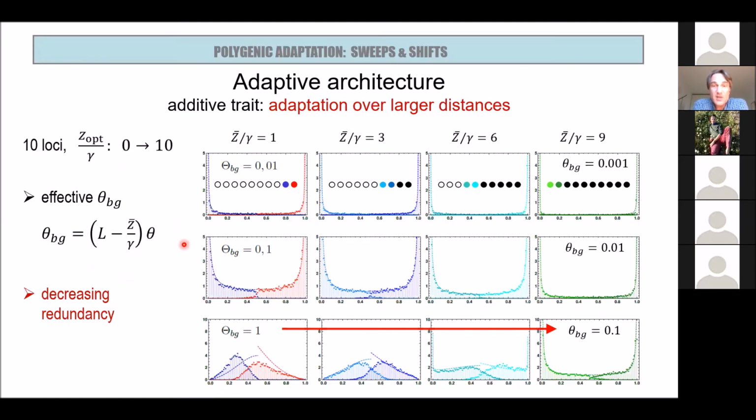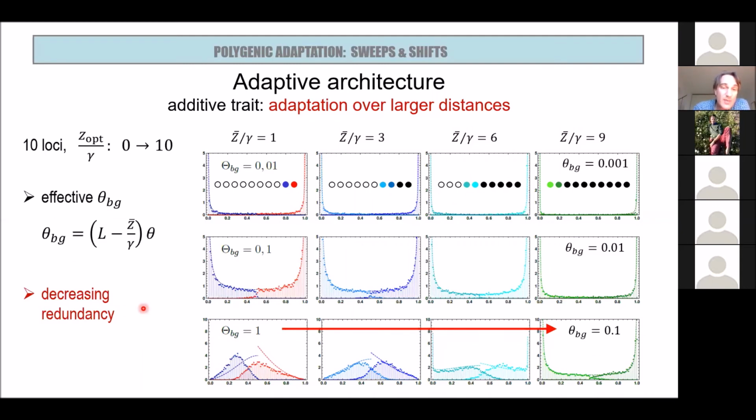But if we are the 6th already, who needs to do the next step, then say 5 are already here on this side anyway, so they don't compete for the next step anymore. I only have 4 others that would compete. So my effective theta background, which counts the number of competitors, is smaller, and therefore this gets reduced from one side to the other.